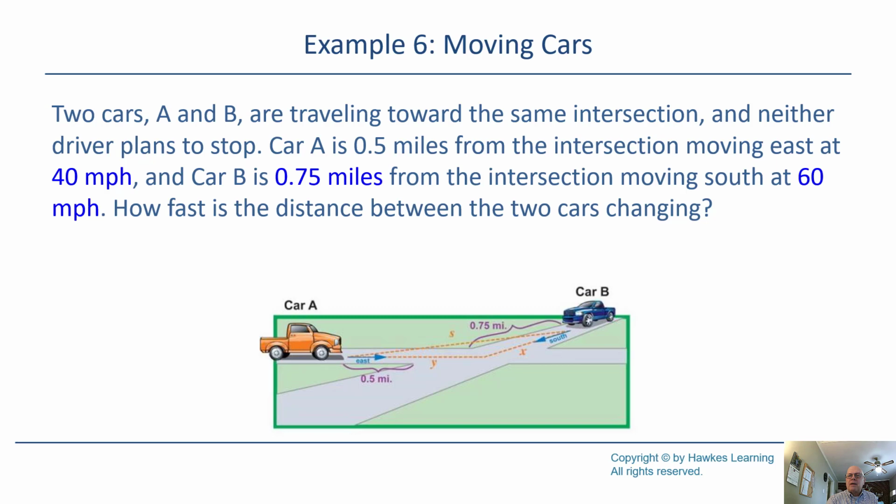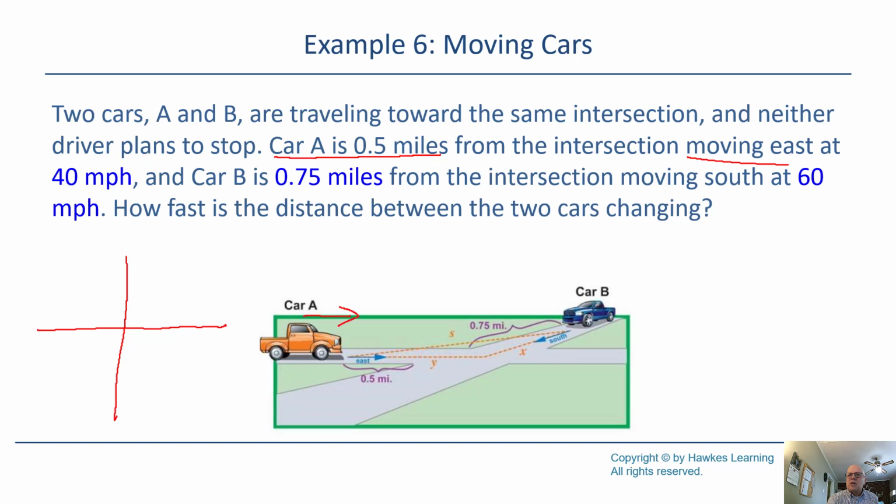Now we've got a bit of a similar one. We've got a picture here, but I'm not sure that it's terribly useful, but it does get us off to a start. So car A is half a mile from the intersection, moving south at 60 miles per hour. Oops, here we go. Take car A first. It's traveling east, so that's this car.